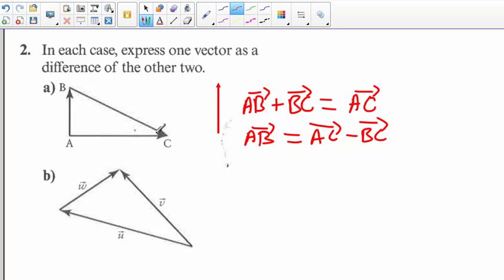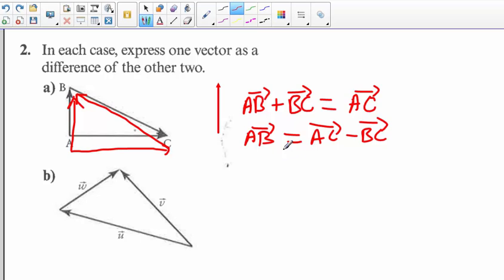Well, I take AC and I subtract BC, which means essentially I take AC and I add the opposite, so I add CB, and then I'm right back to where I would have been with AB. So AC plus CB is the same as AB, or AC minus BC, because minus BC is really just adding the opposite vector on.